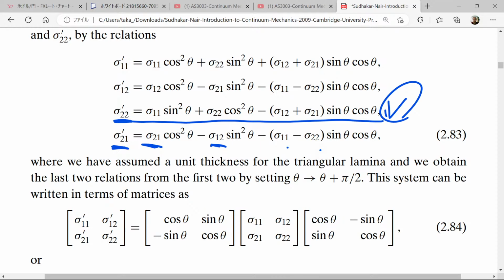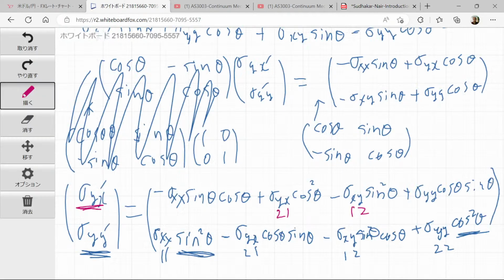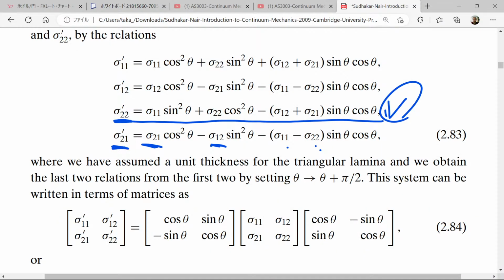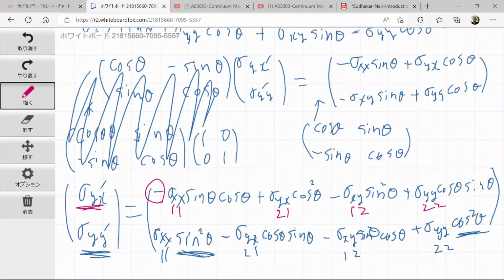Then 1, 1 minus 2, 2. Then there is a sign here. Then 1, 1 minus 2, 2, sine theta, cosine theta. So this is correct.